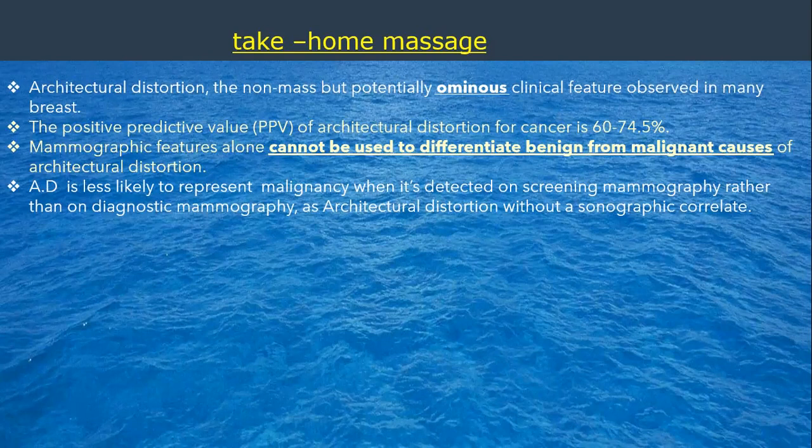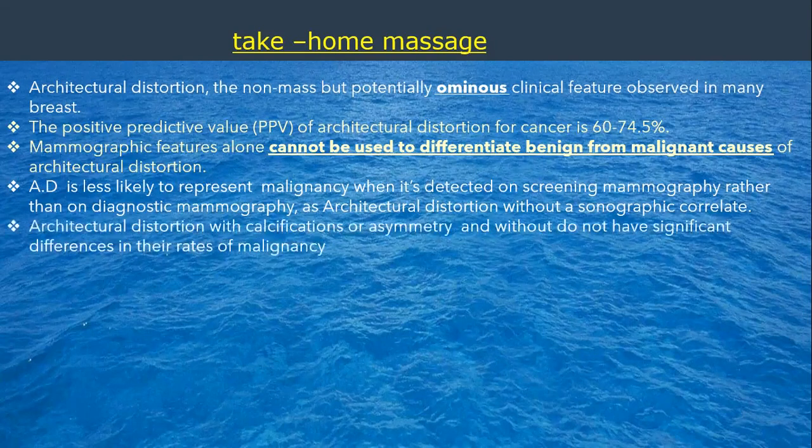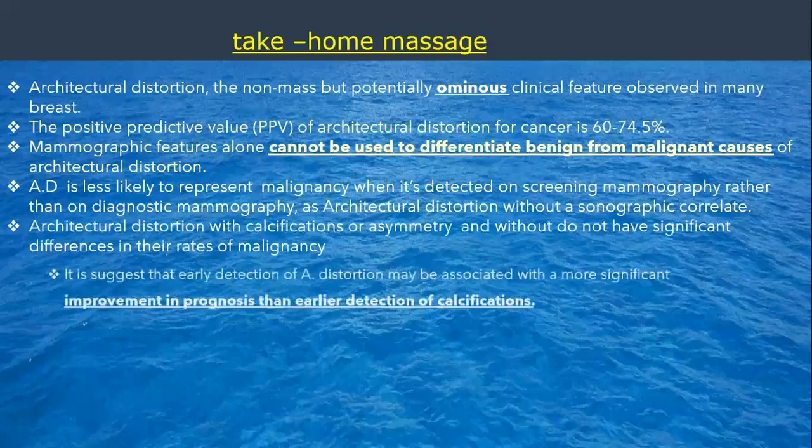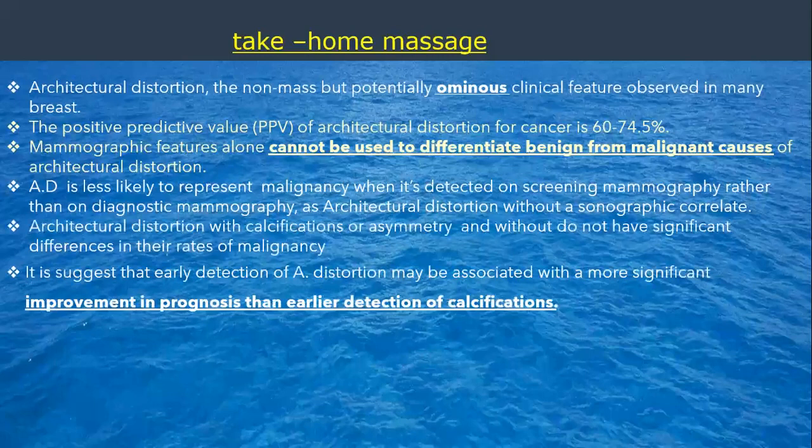If it has a sonographic correlate, the probability of malignancy will definitely be higher. Architectural distortion with or without calcification or asymmetry does not show a significant difference in rates of malignancy.